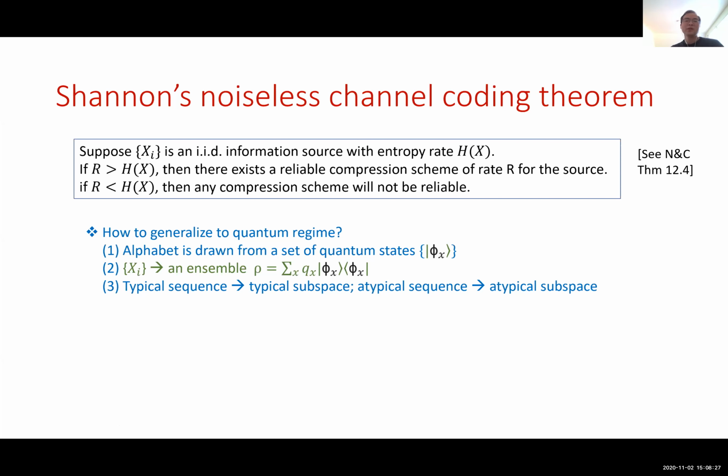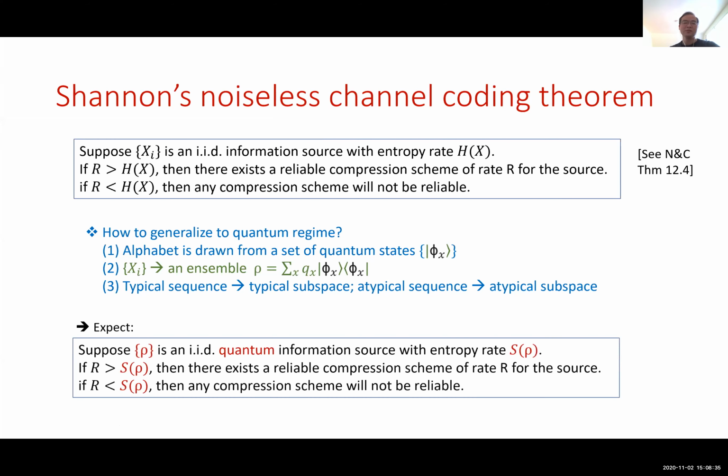So with this expectation, we could immediately write down what it should look like in the quantum case. This is called the Schumacher theorem, quantum data compression, or also called quantum Shannon noiseless channel coding.